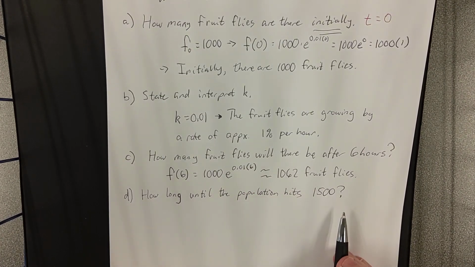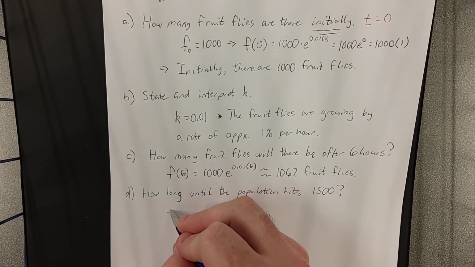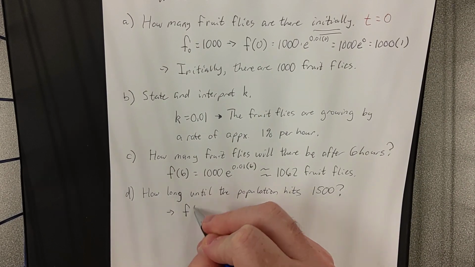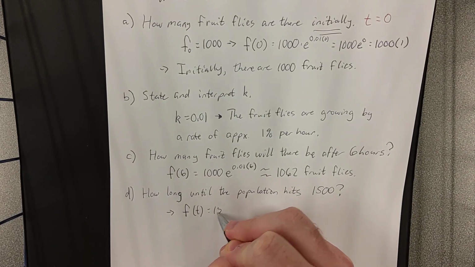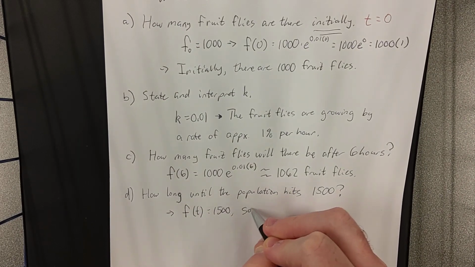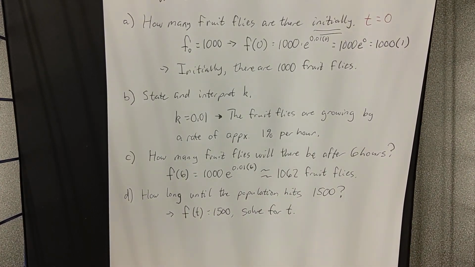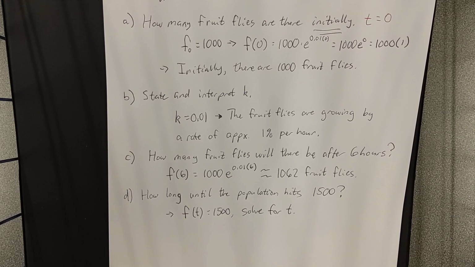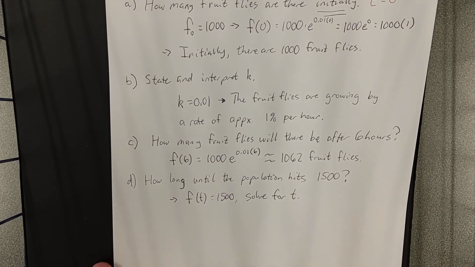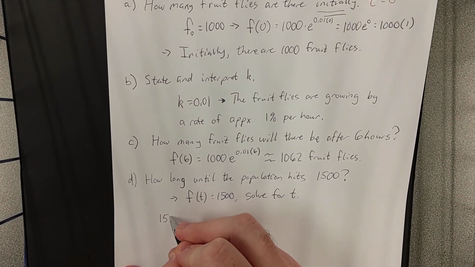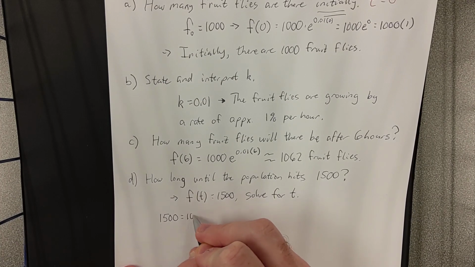So how long until the population hits 1500 is asking us to set the population equal to 1500, and then to use algebra to solve for t. So that's what we'll do. In order for us to do so, we are going to have to make use of those fancy new logarithms that we talked about recently.